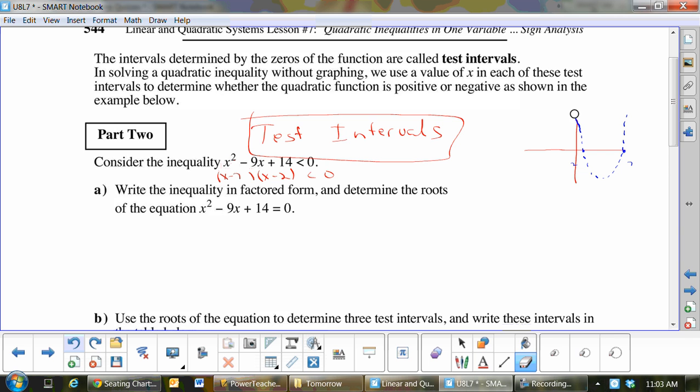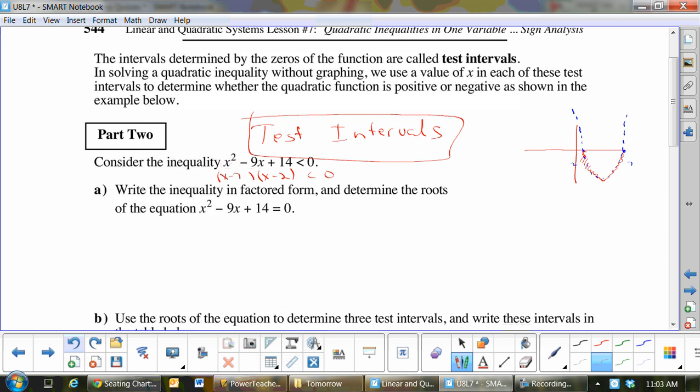Now, again, what part of this graph is the solution? The part above the x-axis or the part below? Why would you say below? It says less than 0. So this part of the graph is the part that is less than 0.